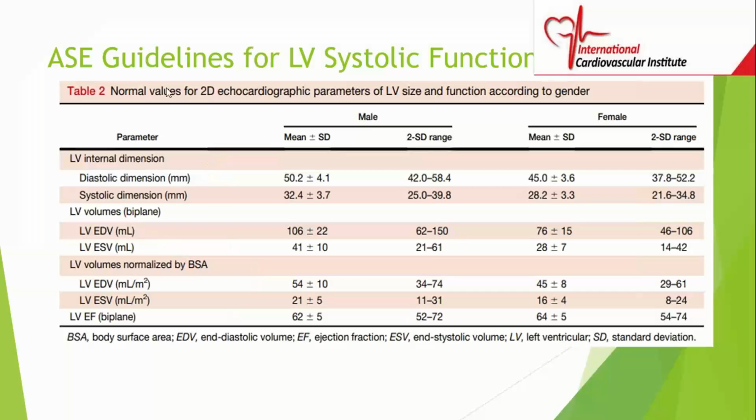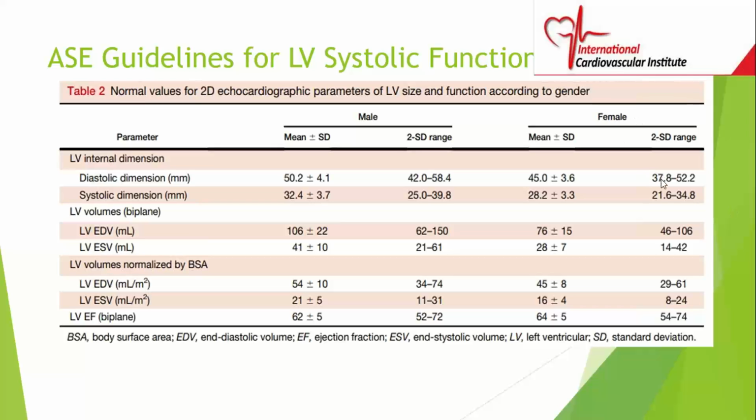These are some normal values for two-dimensional echo for LV size and function. Let's look at the LV. These are linear measurements, in your parasternal long axis view. The diastolic dimension in males is 42 to 58 millimeters, so up to 58 millimeters is still normal.